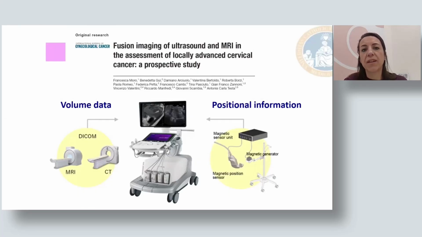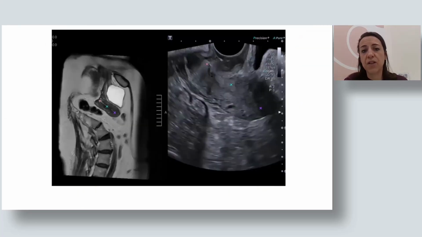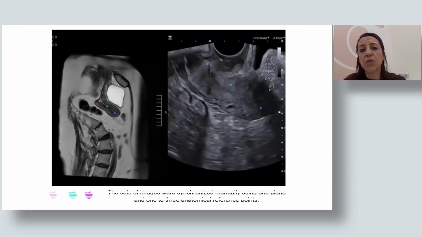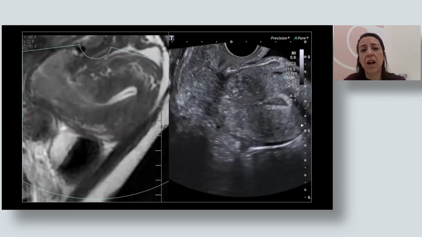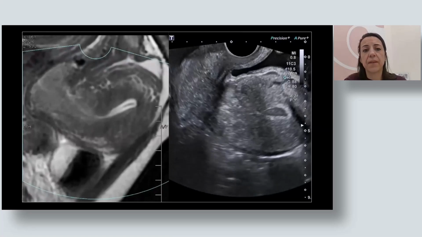We also explore fusion imaging in locally advanced cervical cancer patients. The fusion is a method using two techniques contemporarily. For example, in this case, we can have MRI and ultrasound contemporarily.